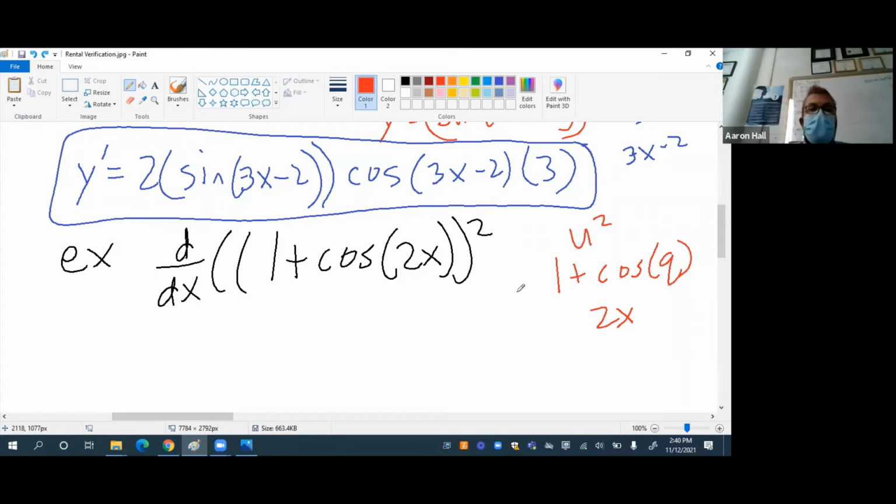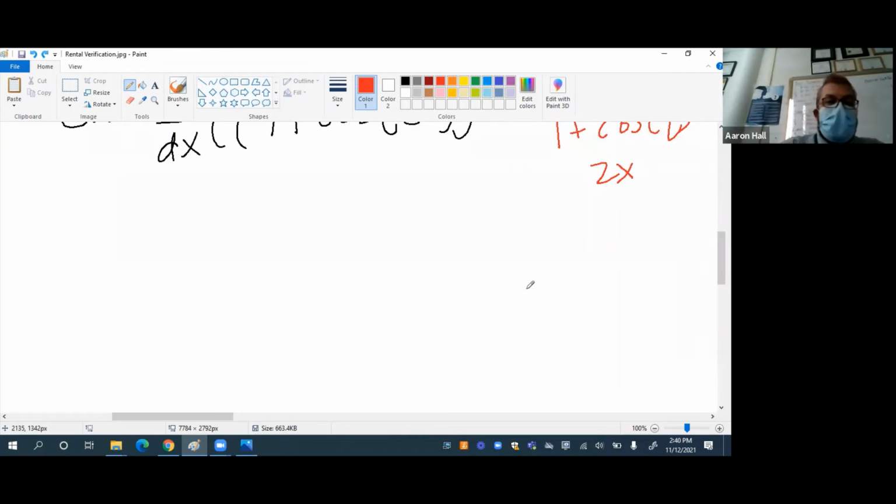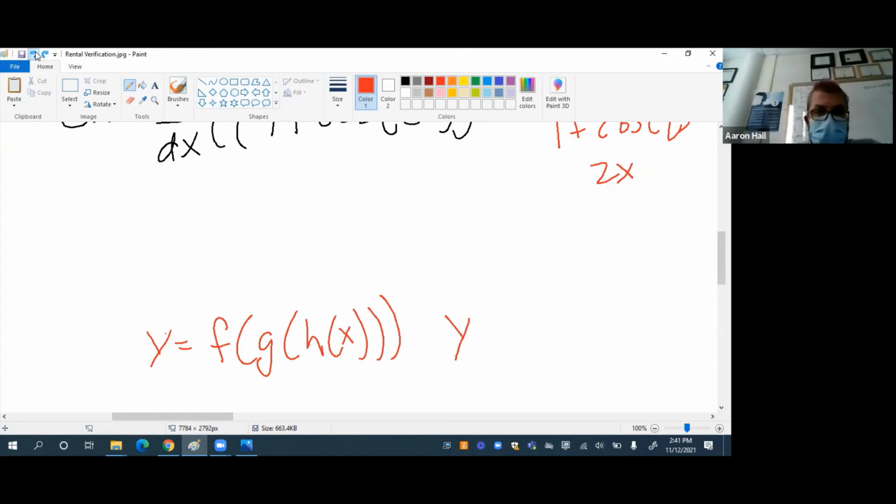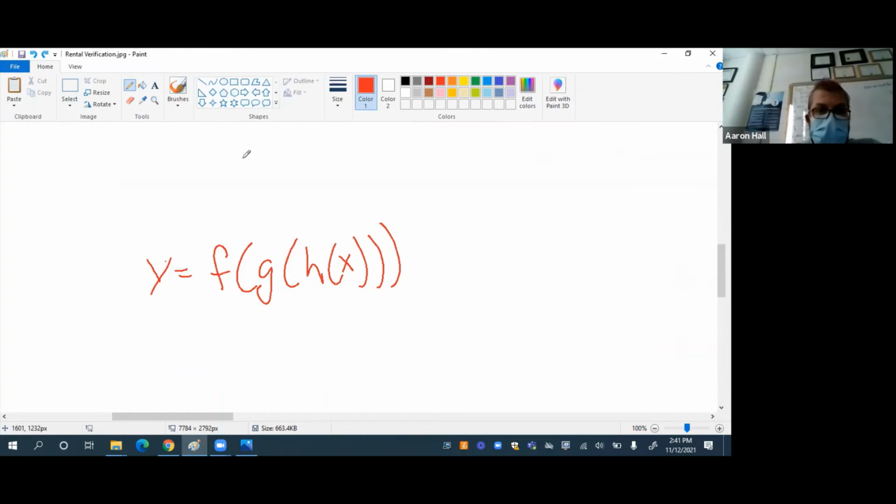So our formula would be, if I have something like y = f(g(h(x))), then my derivative is going to be what?